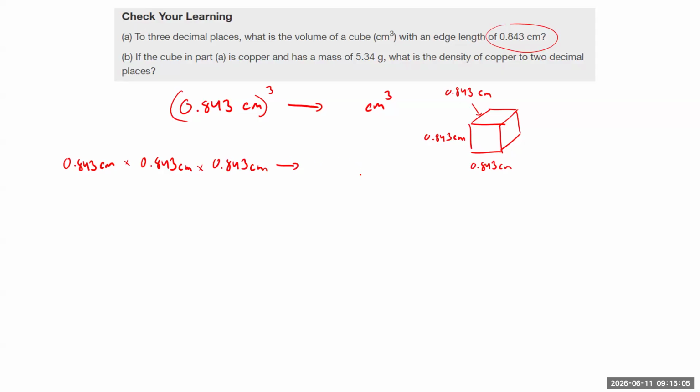I like to do units first, because if the units work out, that means you did your numbers correctly. Centimeters times centimeters times centimeters equals centimeters cubed, and that's what we want. So now we're going to put in 0.843 times 0.843 times 0.843.